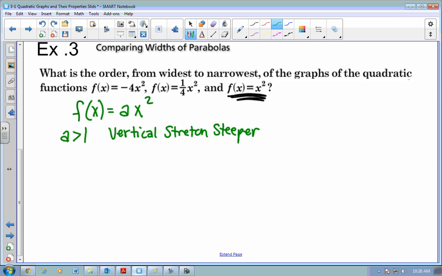When A is a fraction, I'm going to put absolute value A because whether A is positive or negative, if it's a fraction between 0 and 1, the absolute value of it between 0 and 1, it got wider. That's called a compression. If you smush something down, does it kind of ooze out sideways? Yeah, if you smush something down, it oozes out sideways. That's a vertical compression. It gets wider.